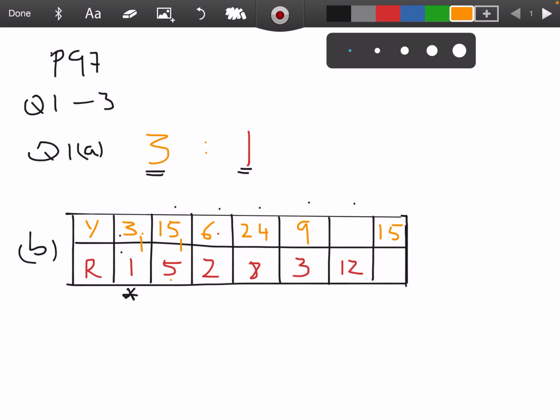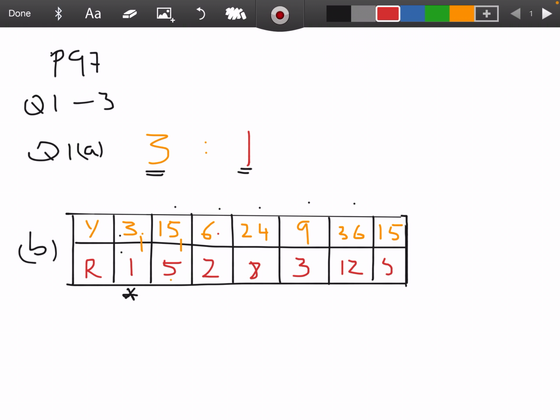In the next one, it's going to be 12 is to 36. 3 times as much again, and multiply by 3. And in the last one, you've got 15 parts yellow, which means you would have 5 parts red. Okay, so that's the same there. So that's question 1 done.